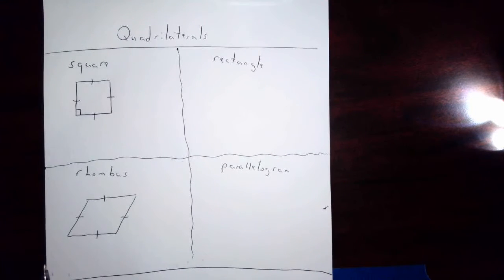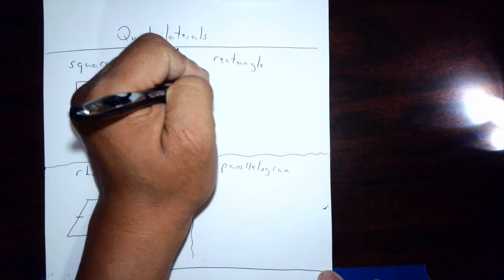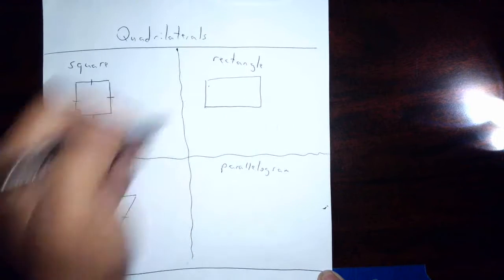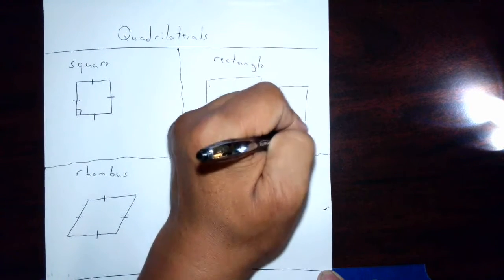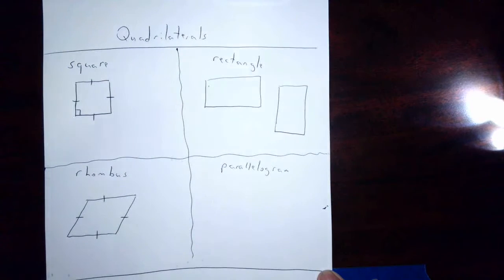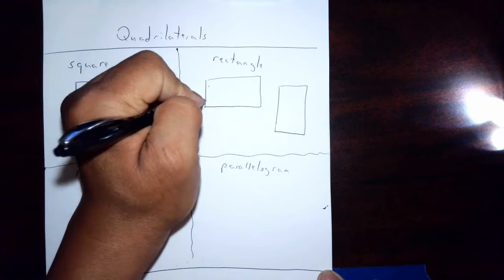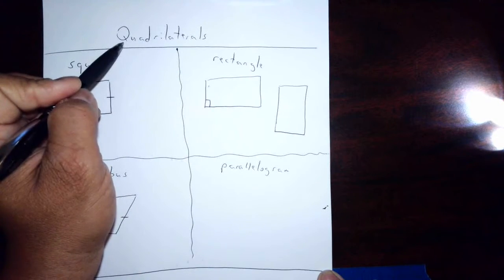Rectangle. For the rectangle, you can have a rectangle that looks like this, or a rectangle that looks like this. Either way, 4 sides, because it's a quadrilateral.